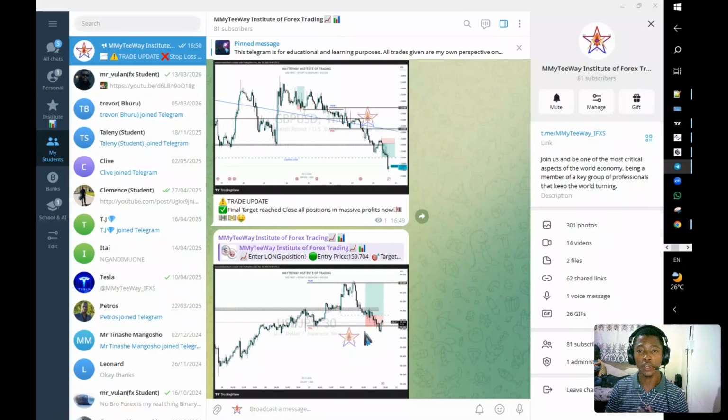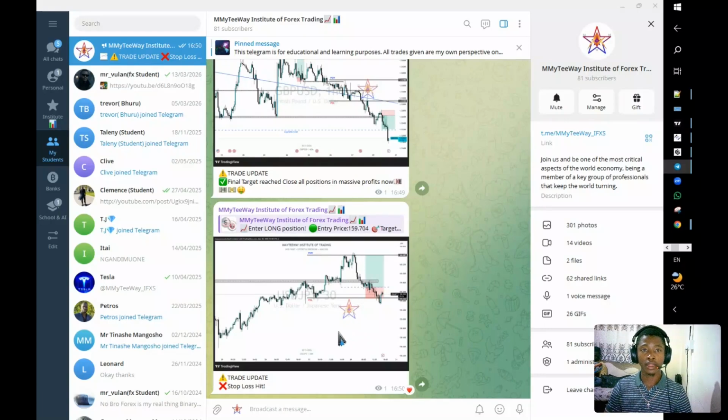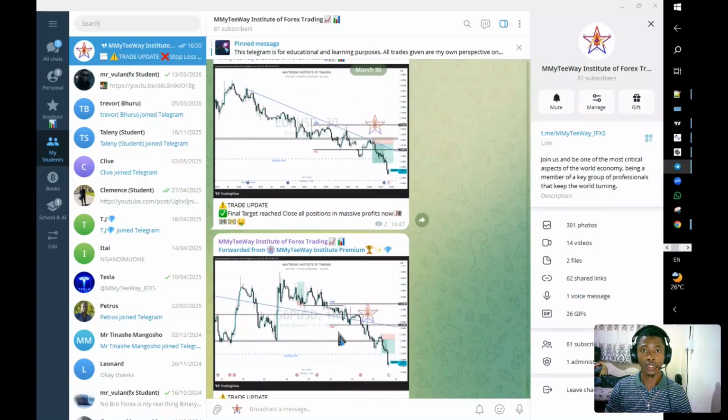Overall in the day, we will be up about 4% for those who will be using their personal accounts. For those who will be using funded accounts, I don't think anyone will execute 3 consecutive trades with 1% stop loss, because eventually you might end up having more than 3% loss in a day, and you might breach the account, because for example, FundedNext does not allow more than 3% drawdown.